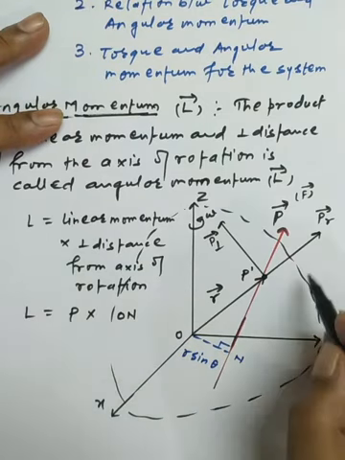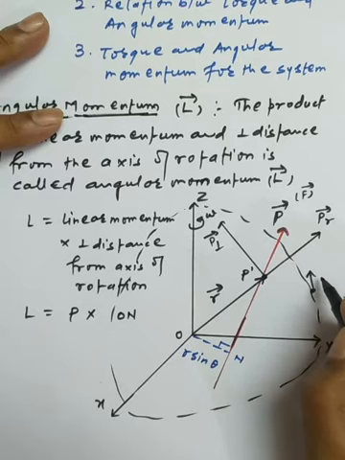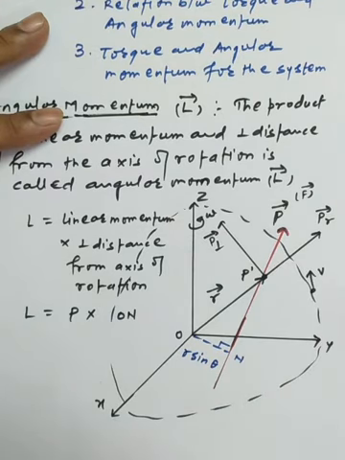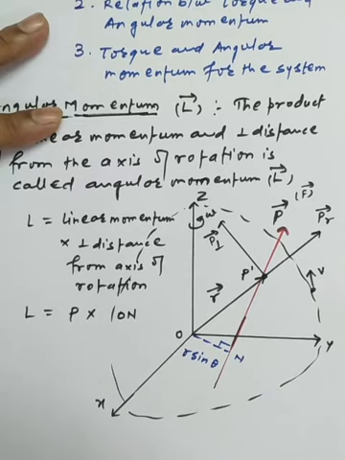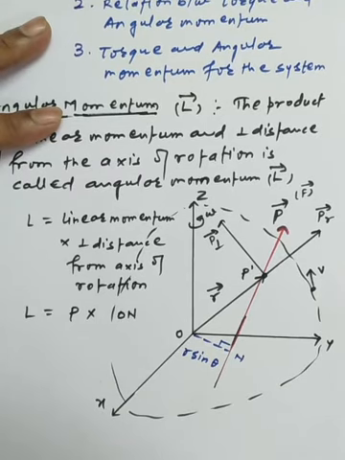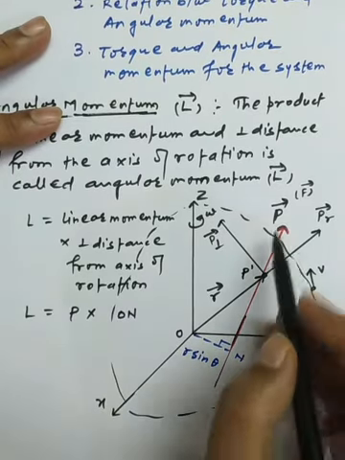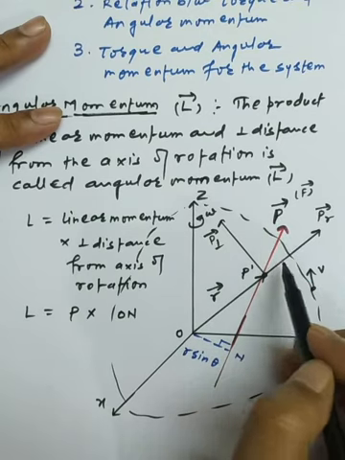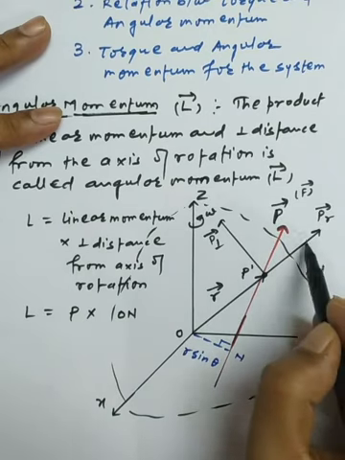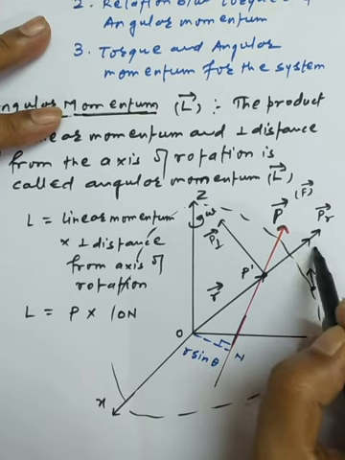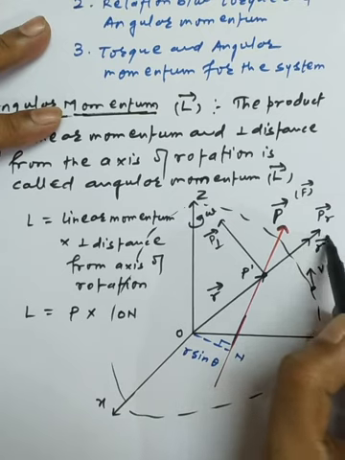Whenever it makes the horizontal circle, its velocity is represented by the tangent, that is v. So the mass and the velocity give the concept of linear momentum. I have shown the total linear momentum for a particle, and I am extending the position vector along the same direction.